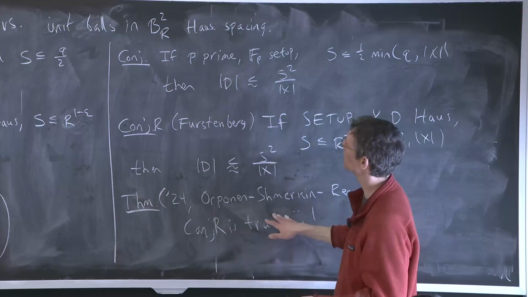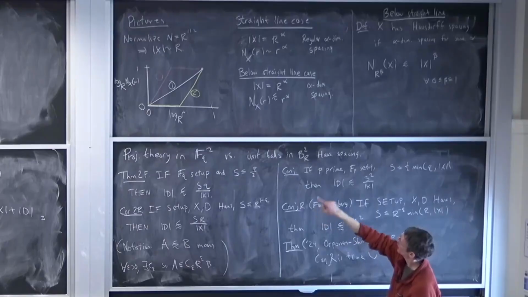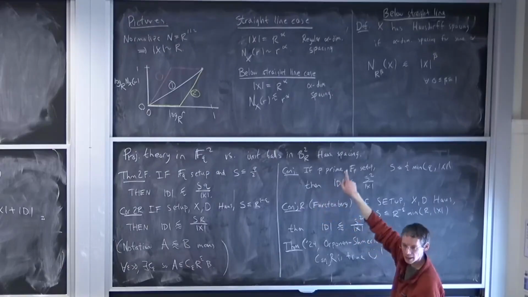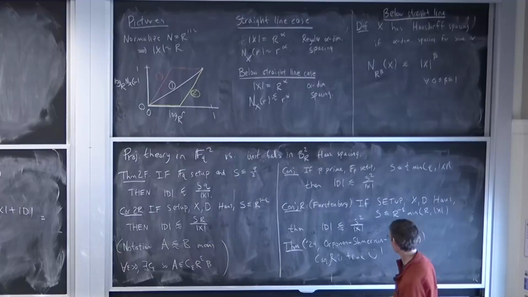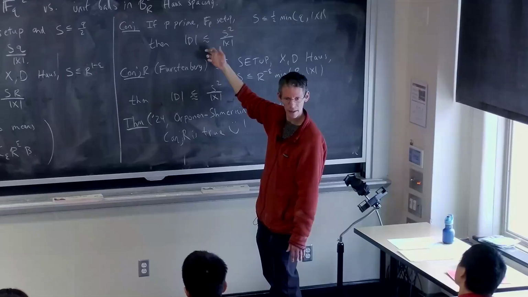The argument also has different cases, depending upon whether the sets have spacing like number 1 or spacing like number 2. There are different things to play with. They're both helpful in different ways. And none of that structure is available here. So probably completely different ideas would be needed.